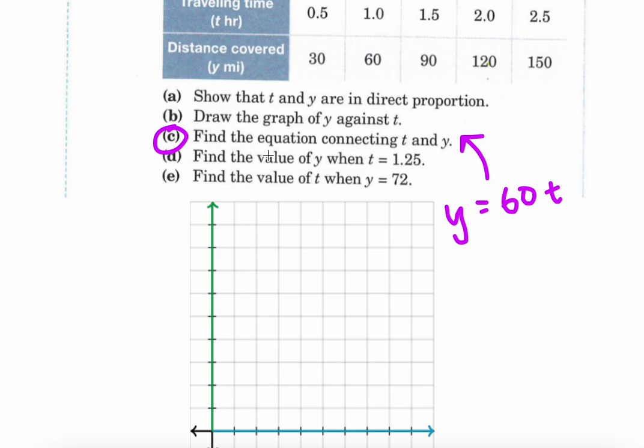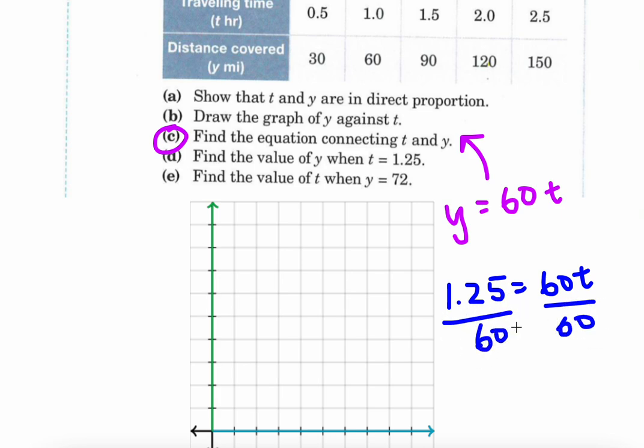Now we need to find the value of y when t equals 1.25. We have an equation, so no big deal. If y equals 1.25, instead of y, I'm going to put in 1.25 equals 60 times t. I need to solve this equation to figure out the t when y equals 1.25. I'm going to divide both sides by 60 so that that cancels.